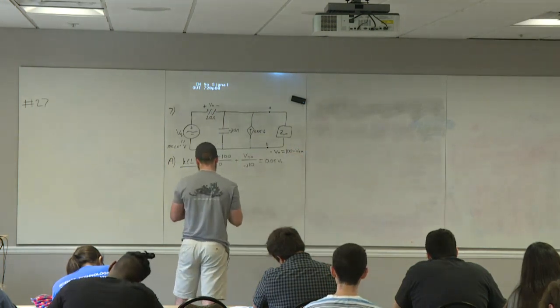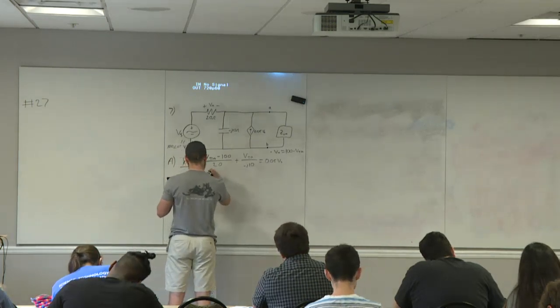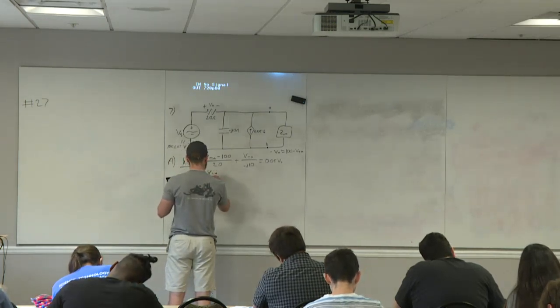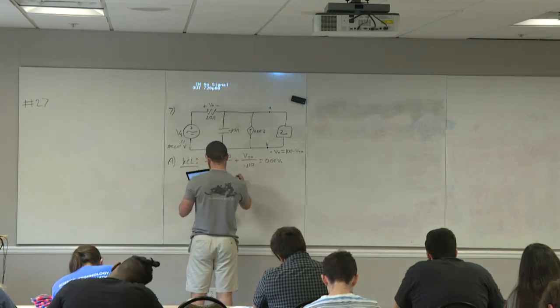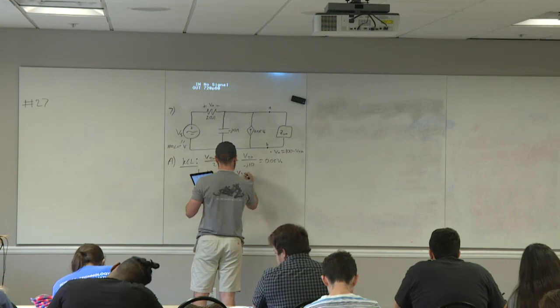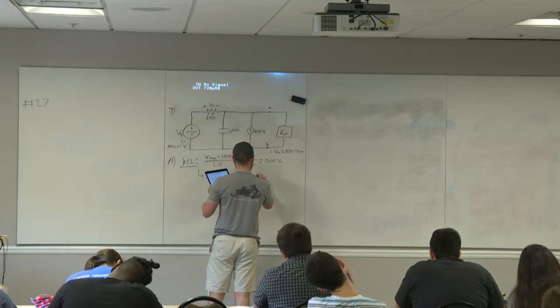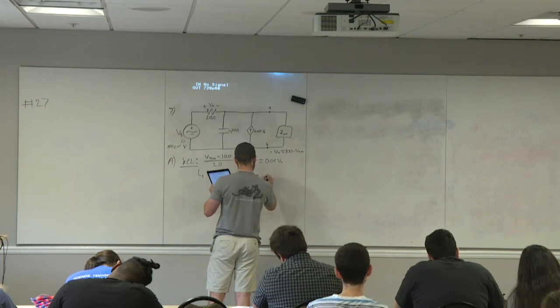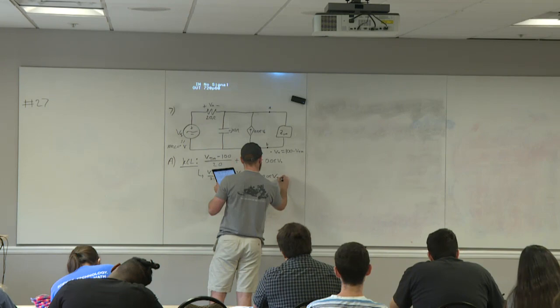So we can plug that in. We'll get VTH over 20 minus 5 minus VTH over J10 is equal to 5 minus 0.05 VTH.